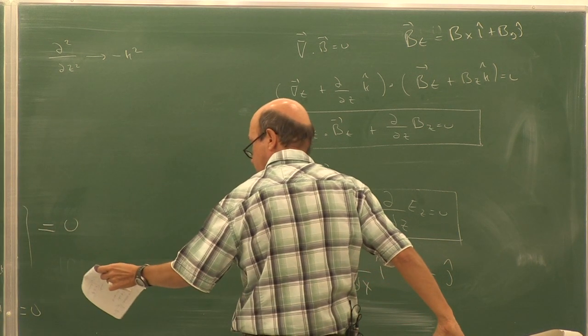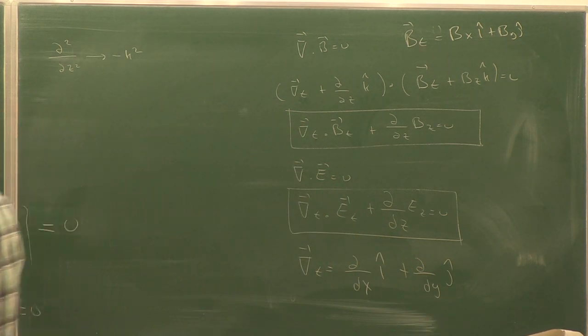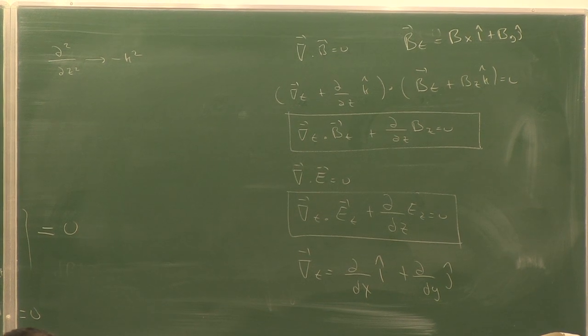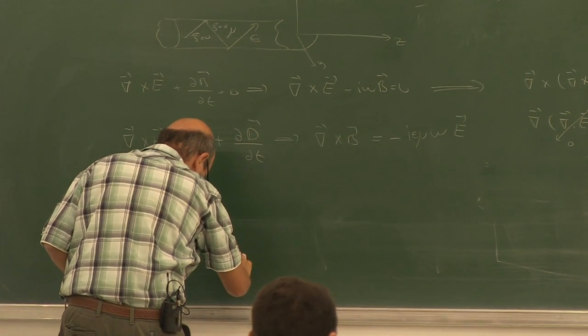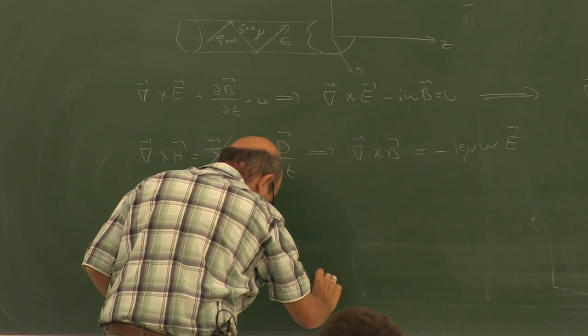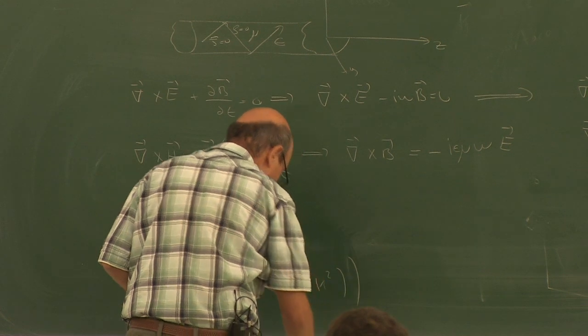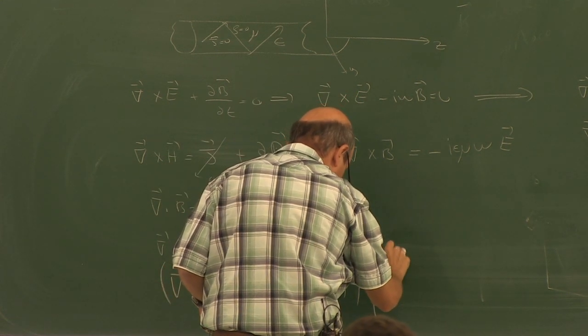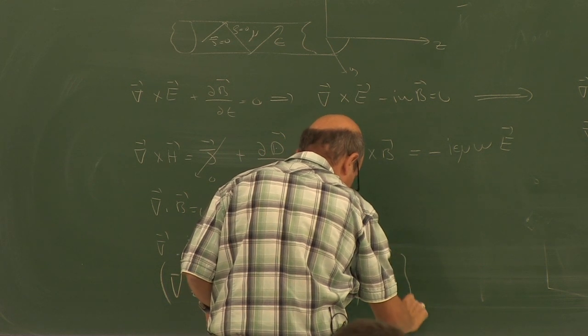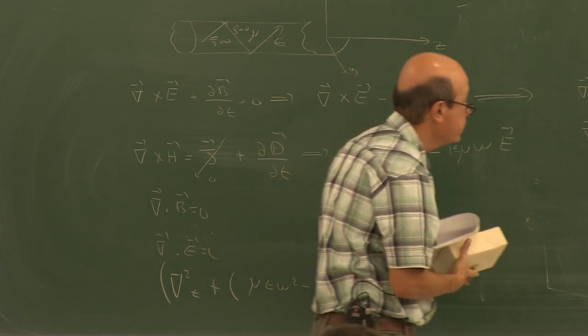Let me write the wave equation here quickly: the transverse Laplacian plus mu epsilon omega squared minus k squared, acting on some general E or B, three-dimensional, has to be 0.